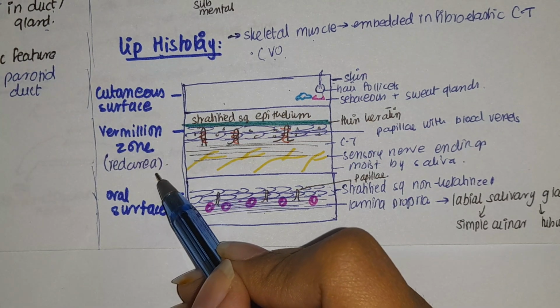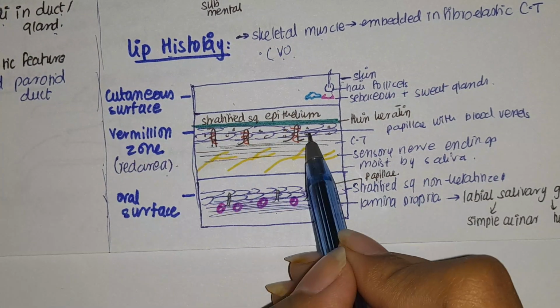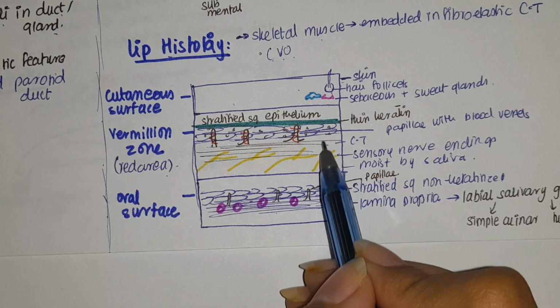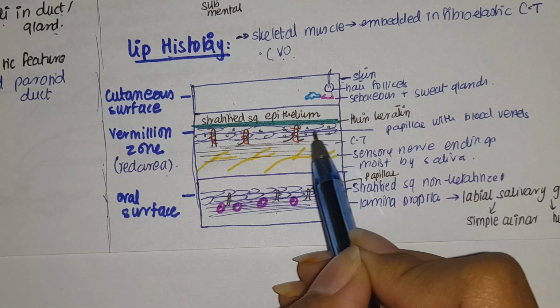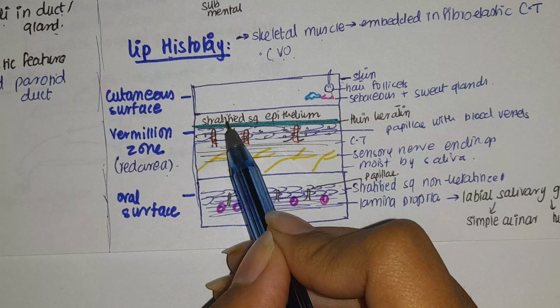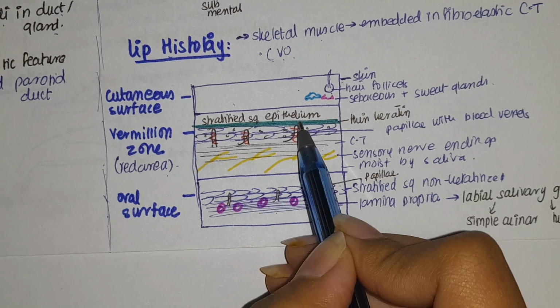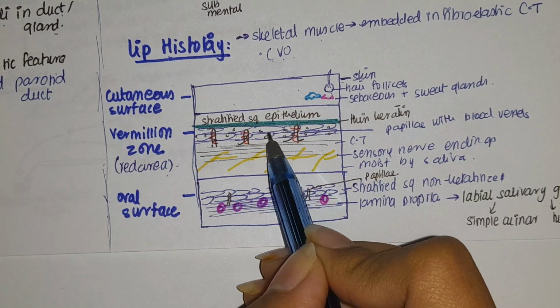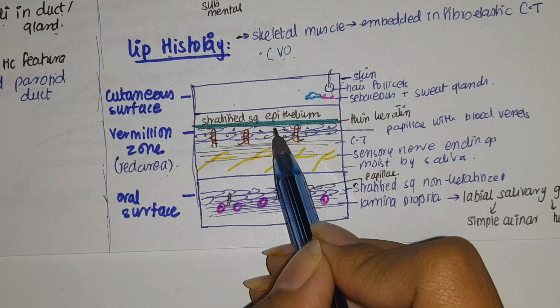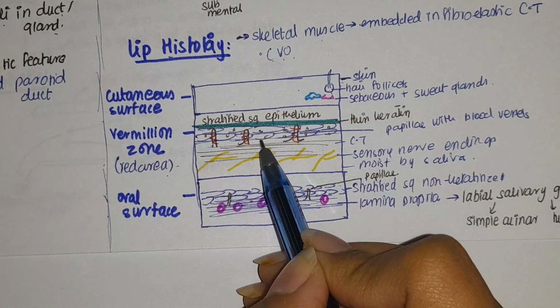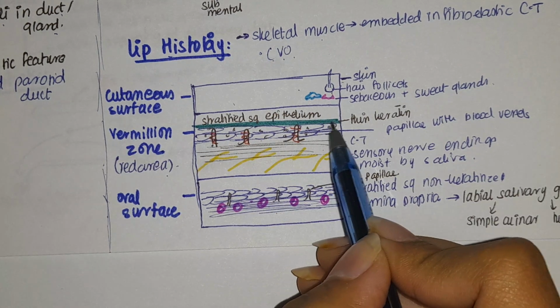Why do we call this the red zone? Let us have a look. First of all, you need to know that it has an epithelium and a lamina propria. The epithelium is a stratified squamous keratinized epithelium. This is stratified squamous: squamous cells present in the form of layers, with a thin keratin surrounding it.